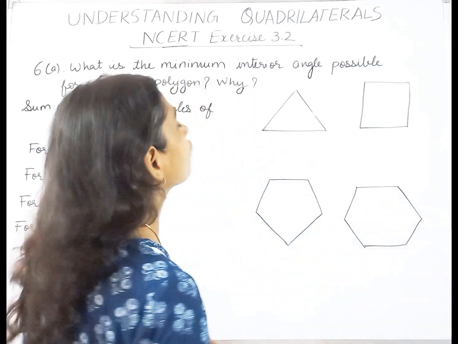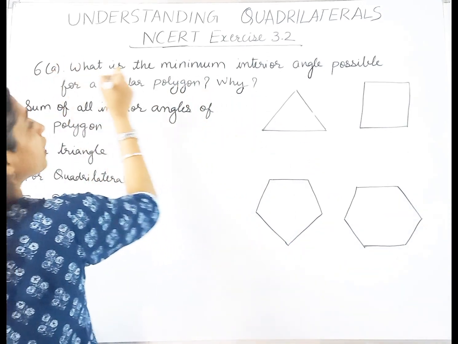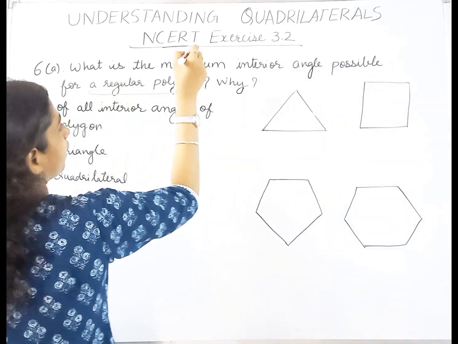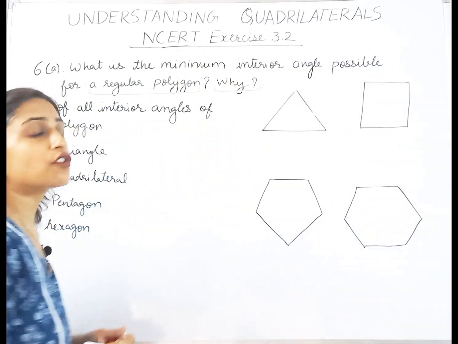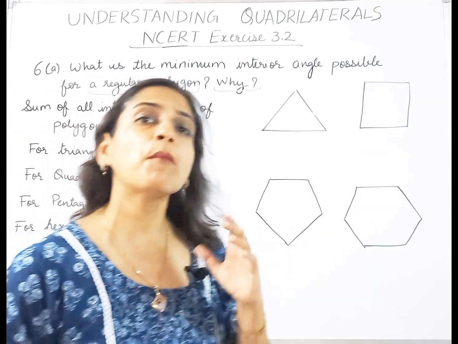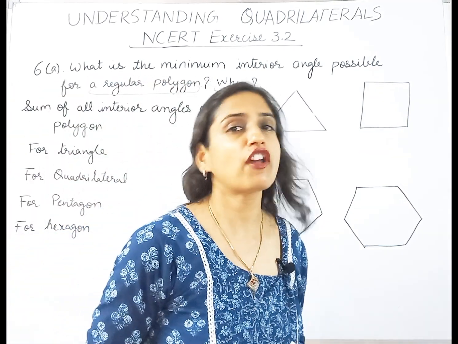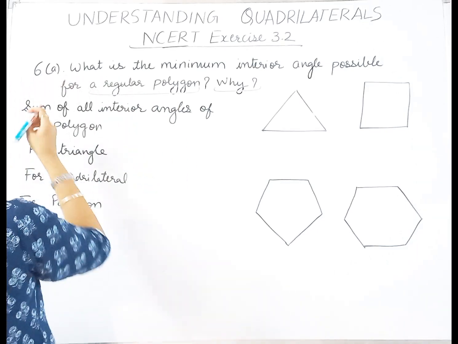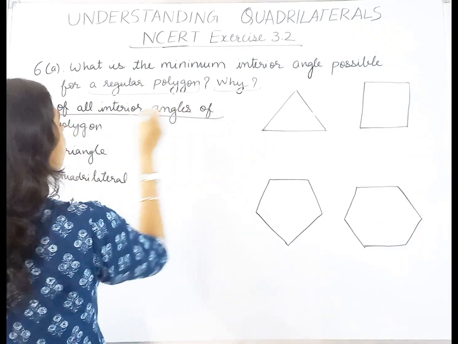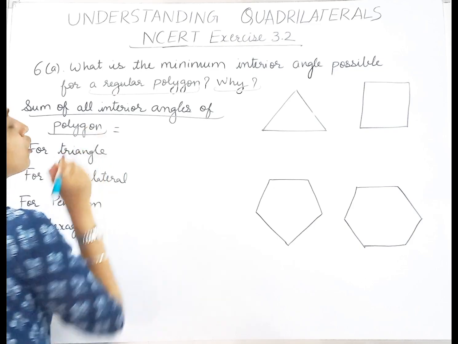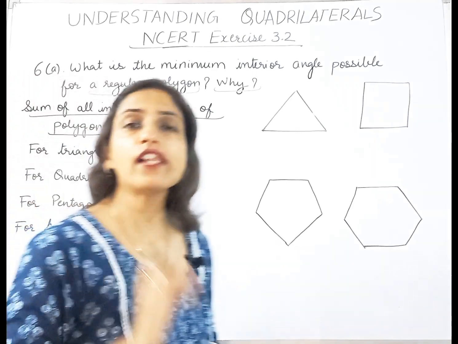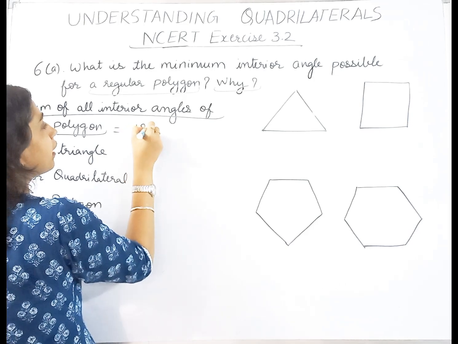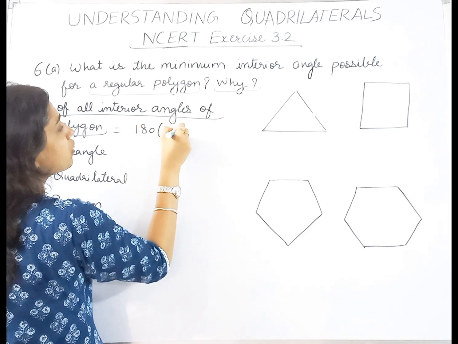And the last question of the exercise is, what is the minimum interior angle possible for a regular polygon and why? So now we have to find the minimum possible interior angle for a regular polygon. First of all, we know the formula to find the sum of all interior angles of a polygon is 180 into (n minus 2).